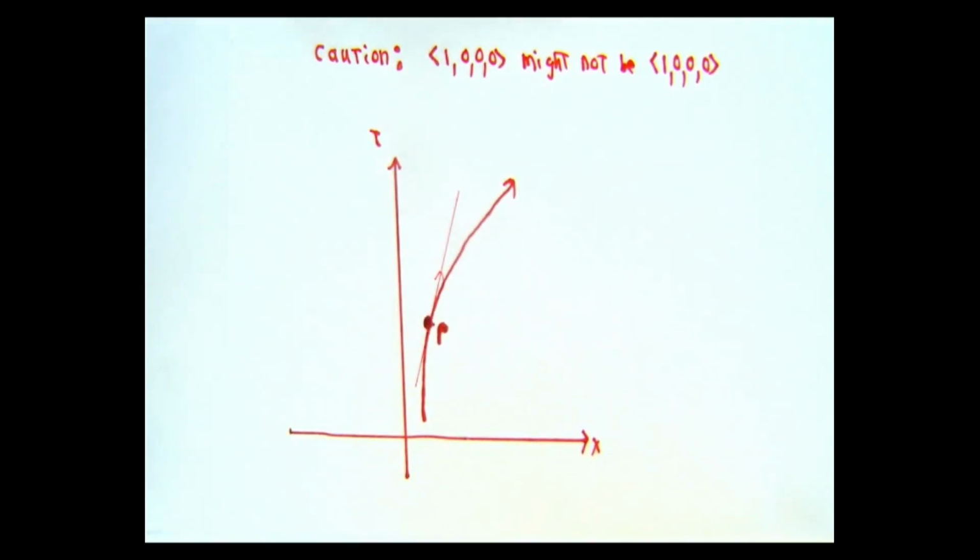This is a momentarily co-moving reference frame. The time basis vector will be the 4 velocity. And since the individual is momentarily at rest with respect to the momentarily co-moving reference frame, we know what the components of that 4 velocity are.